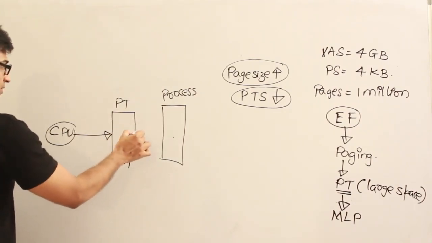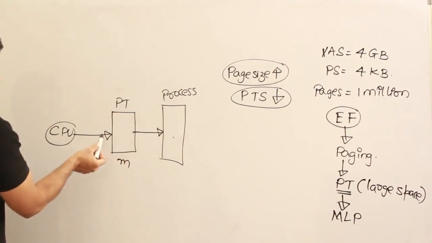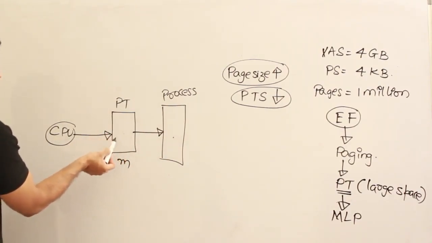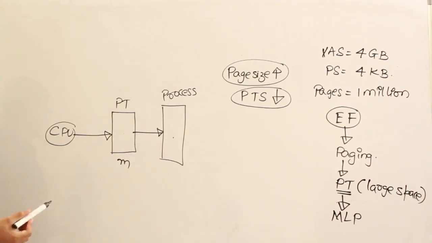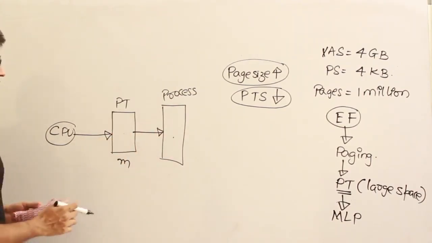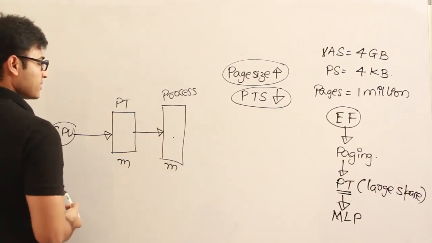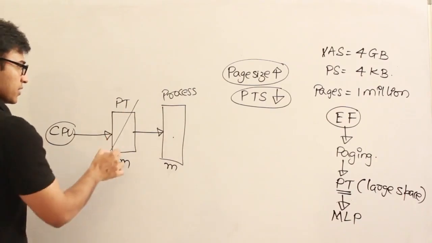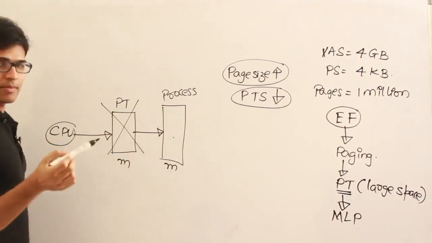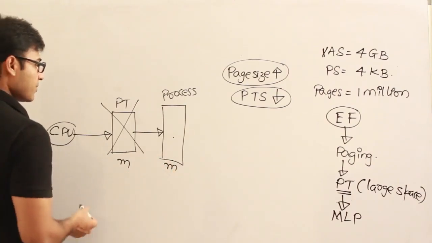It has to access it once, and then using that physical address conversion, which means after I go to the page table, only then can I convert the virtual address to the physical address. Now I can take the physical address and go to the process and again access the required word. Therefore one more memory access time is required. Without a page table, earlier only one memory access time was required. Now because of the page table, I require two memory accesses, right?